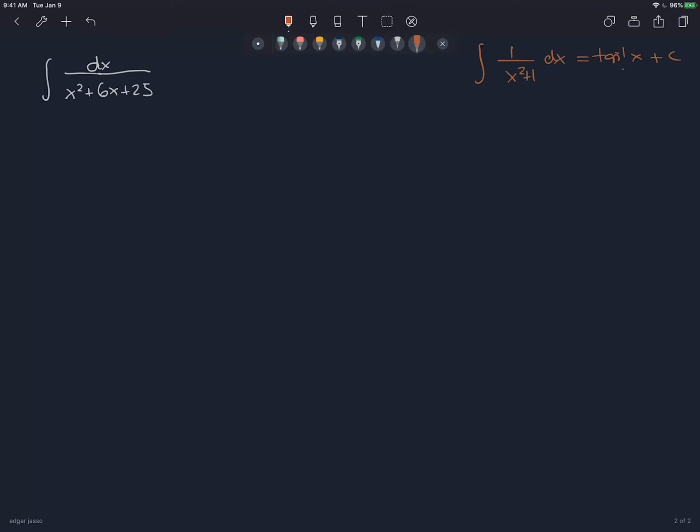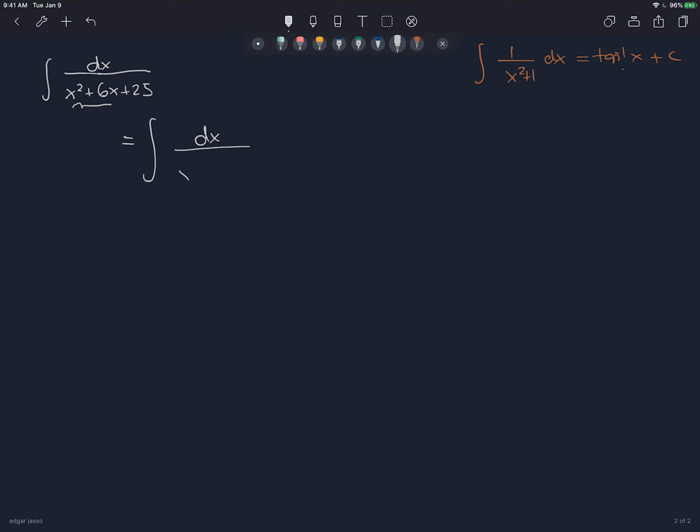But now I have a few terms in here, so what am I going to do? It's not that hard, but what I want to try to do is, I have these two terms that look like the first two terms of a binomial that I can complete to have a perfect square.